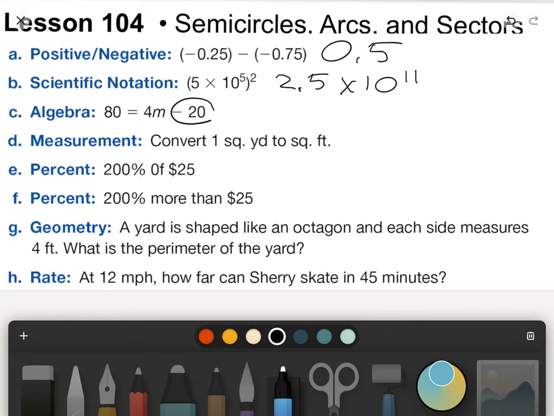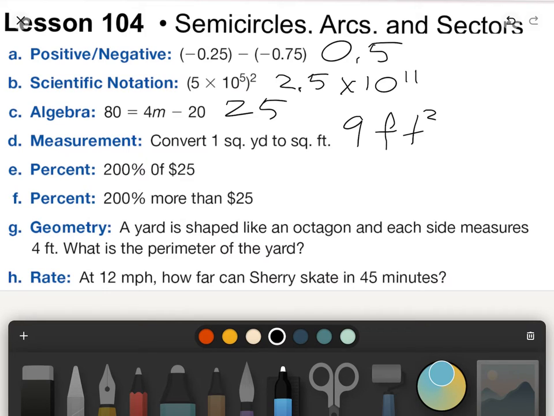Then here we are adding 20 to each side, so 100 divided by 4 is 25. And then remember, if there are 3 feet to a yard, it's actually 3 times 3, getting you 9 square feet.